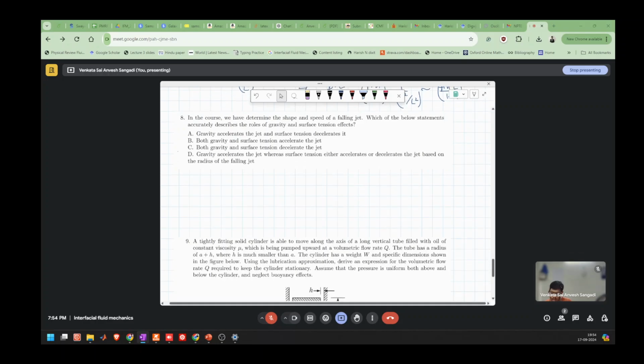And in the course, we have determined the shape and speed of a falling jet. Which of the below statements accurately describes the roles of gravity and surface tension effects?